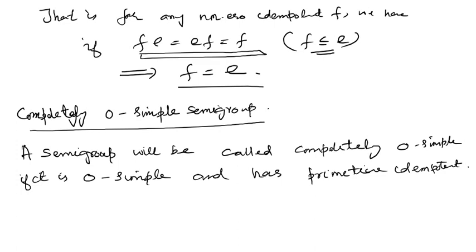So now in the next step we will see that every finite zero simple semigroup is completely zero simple. मतलब जो भी finite zero simple semigroup होगा, finite zero simple semigroup का मतलब क्या है? ये zero semigroup होगा और इसके पास दो ही ideals होंगे, zero and S itself, और ये finite है. Then it must possess a minimal non-zero idempotent. Then it must have a primitive element.